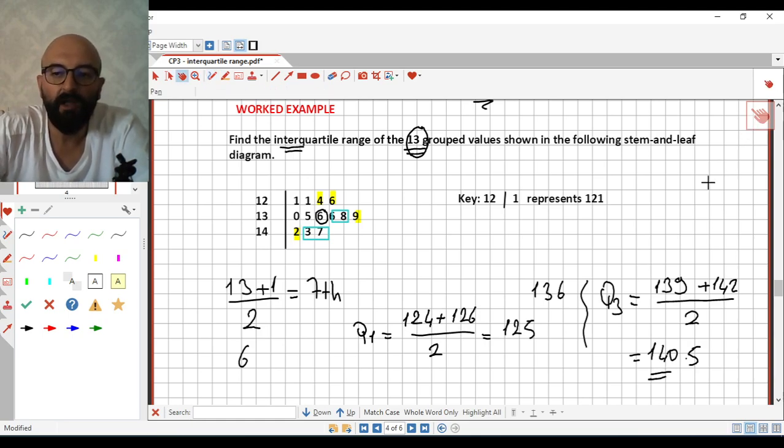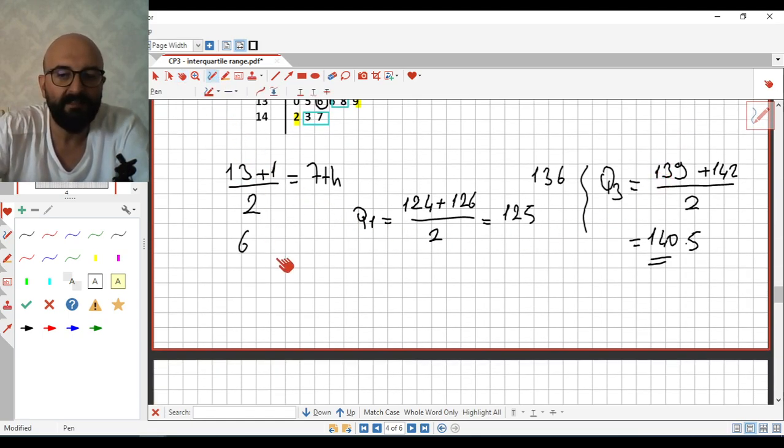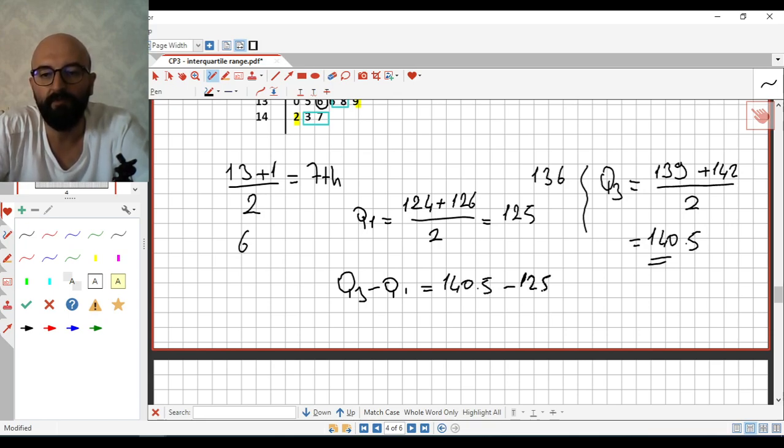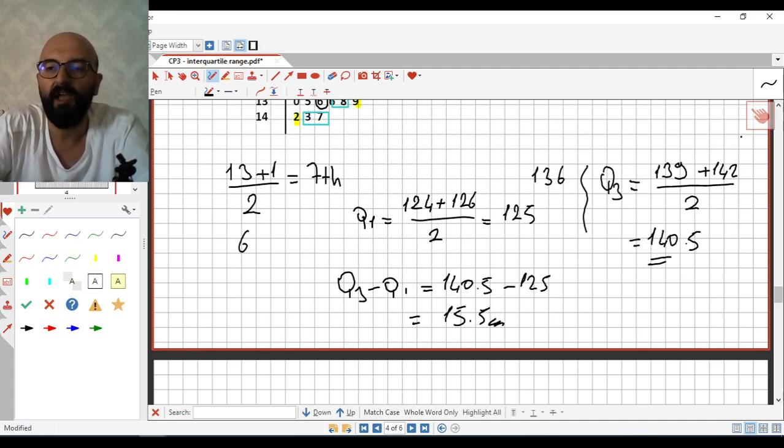And we want the interquartile range, and it means Q3 minus Q1, which is 140.5 minus 125, it becomes 15.5.